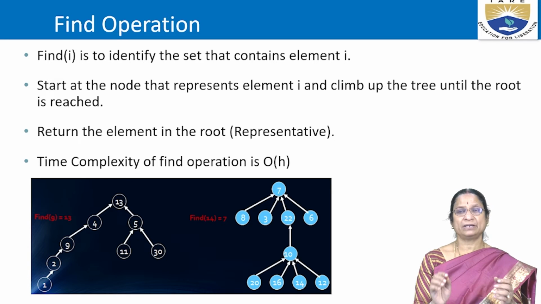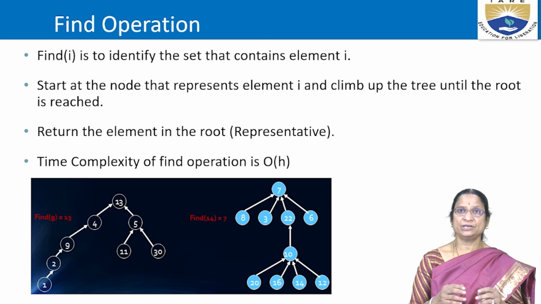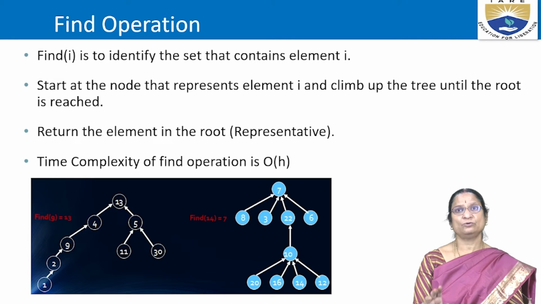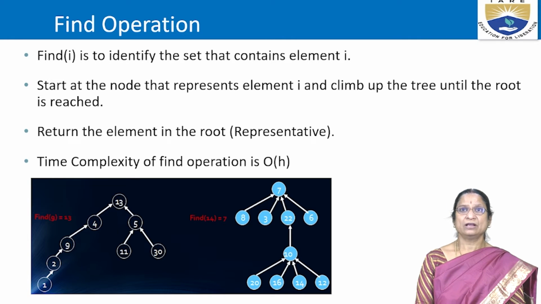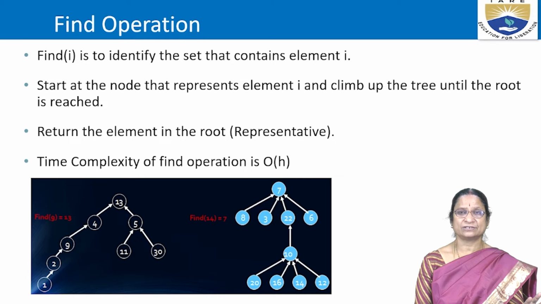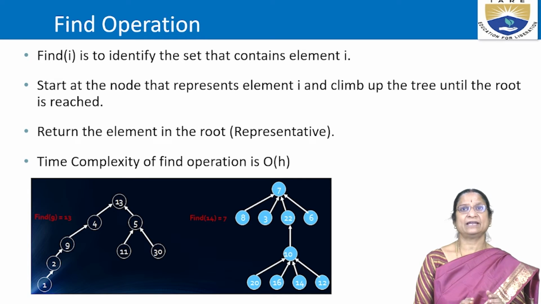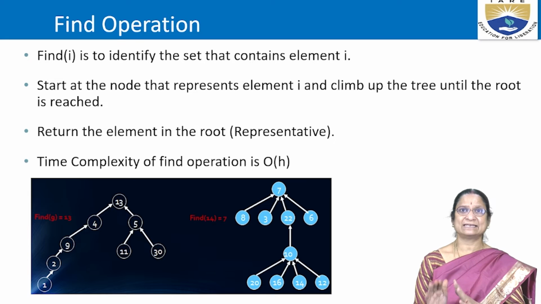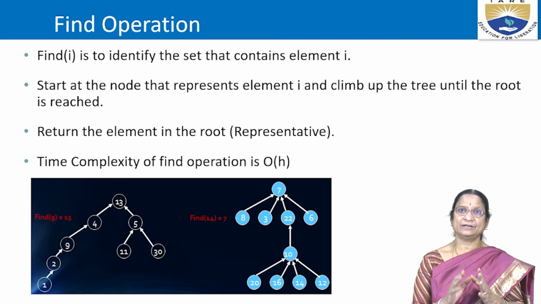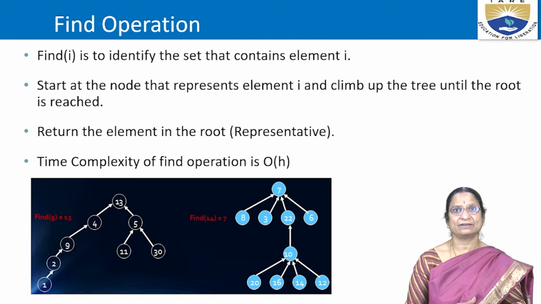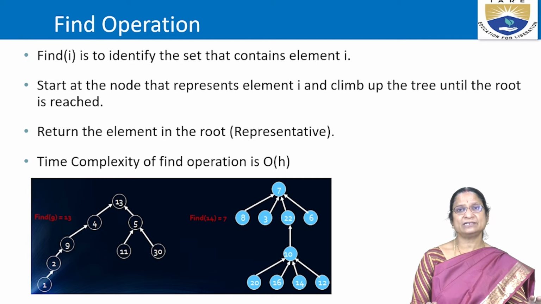But to follow a proper approach, we can use union in two techniques. One is union by height, another is union by weight. First, find the height of the first subtree and the second subtree. We would like to union these two trees, but remember they are not normal trees.